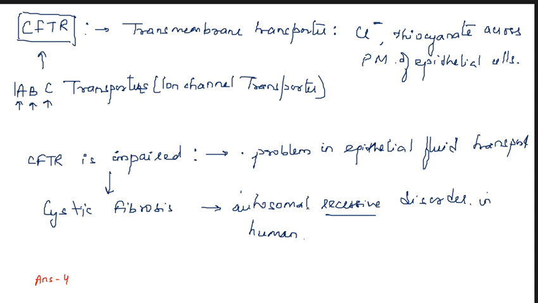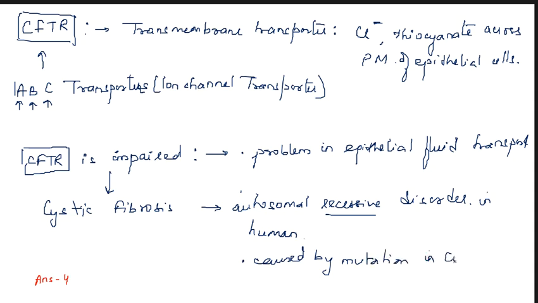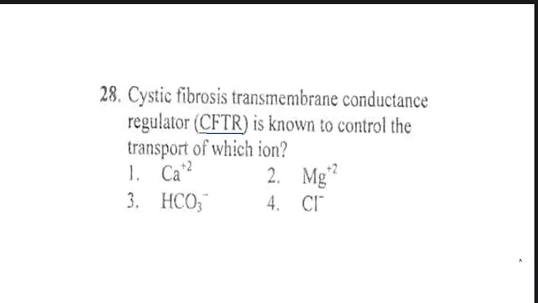So it is an autosomal recessive disorder in humans caused by mutation in the CFTR gene. Now moving to the question: CFTR is known to control the transport of which ion? It is chloride. Answer 4.